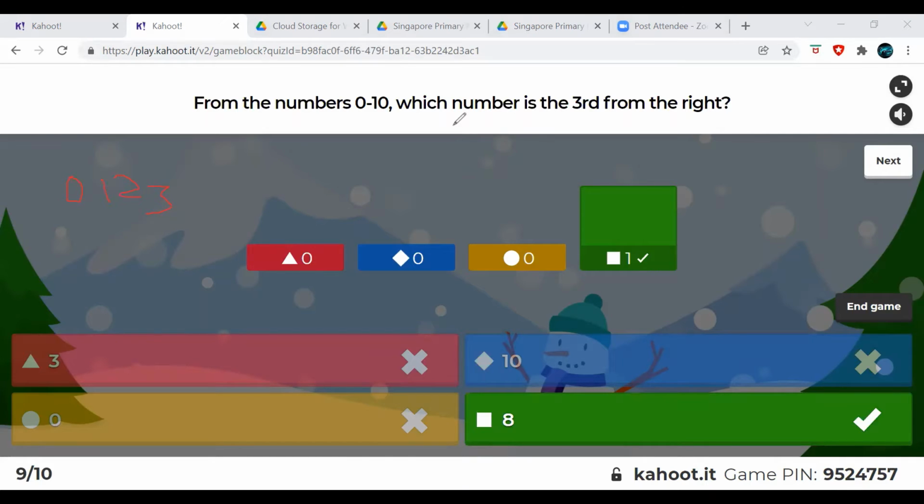The third from the right means that we have to count from the right side: 1, 2, and 3. So the third number from the right is 1. But it would be very different if we asked what is the third number from the left. If we count from the left, the third number would actually be 2.